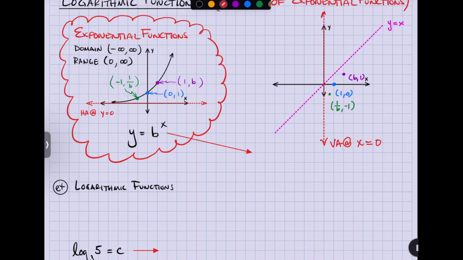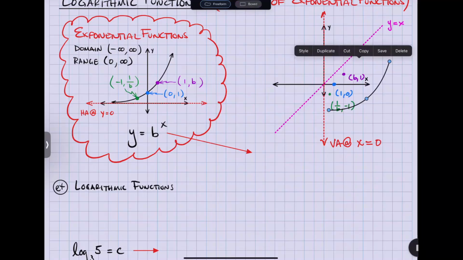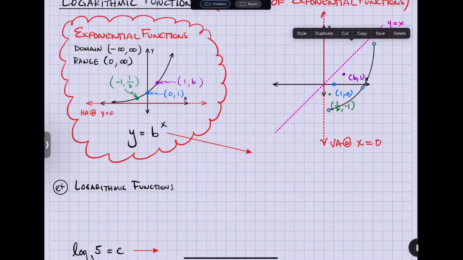What happens to my domain and range? Ah, someone just said it.